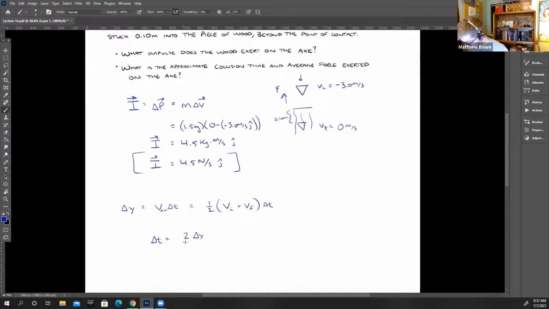So let's solve for delta t in this equation above. Delta t is 2 delta y over the sum of the velocities. Following through, it's going from the top of the wood, going down, so we're going to call delta y negative 10 centimeters, or negative 0.1 meters.